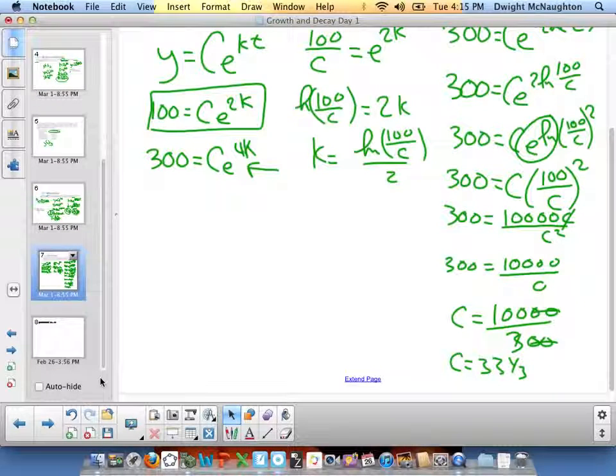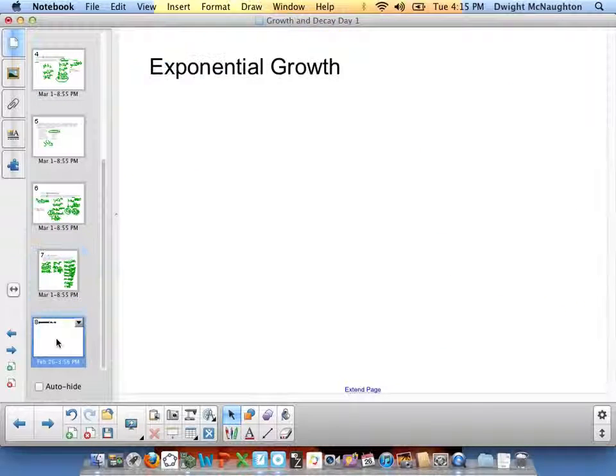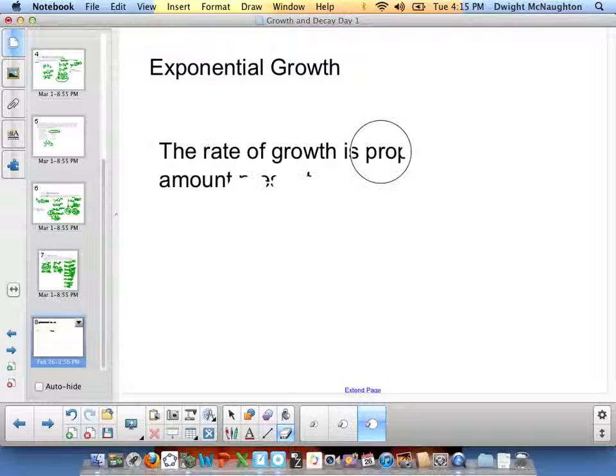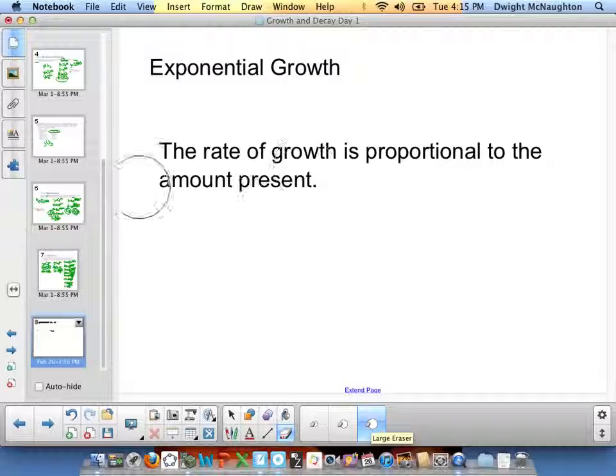So in conclusion, exponential growth follows the model where the rate of growth is proportional to the amount present. Right? y prime equals ky.